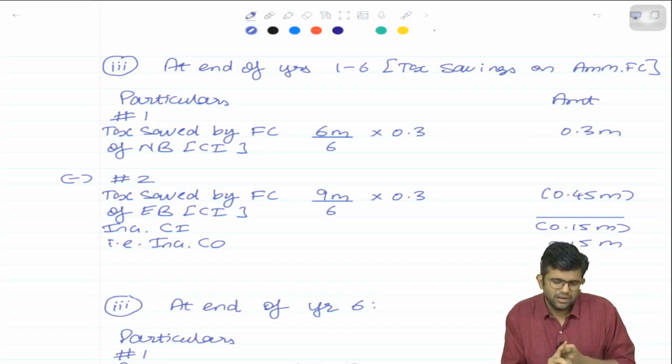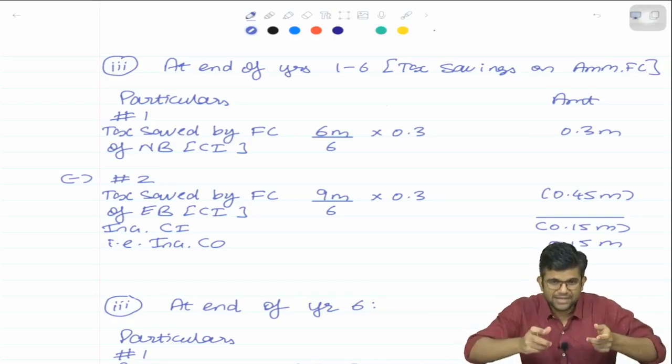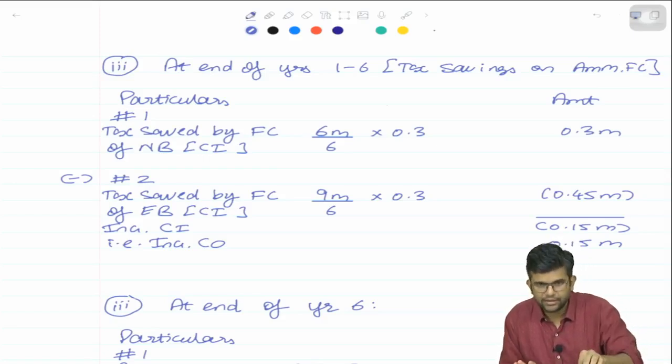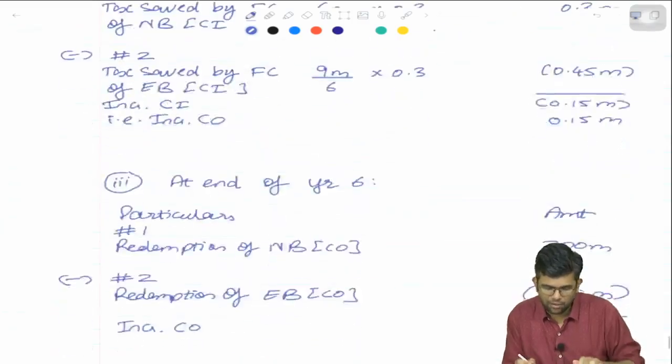But if you would have continued with the Bhavani bond, you would have saved 0.45 million tax every year. That means by replacing, I'm losing tax of 0.15 million every year. Everybody, are you able to understand? Correct? Great. I will take this 0.15 million outflow.